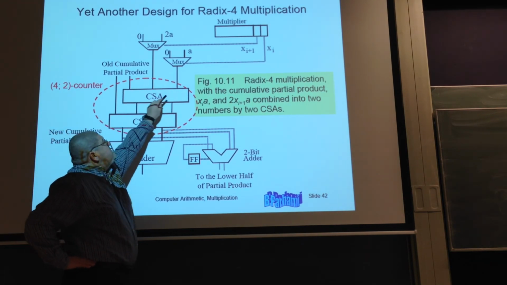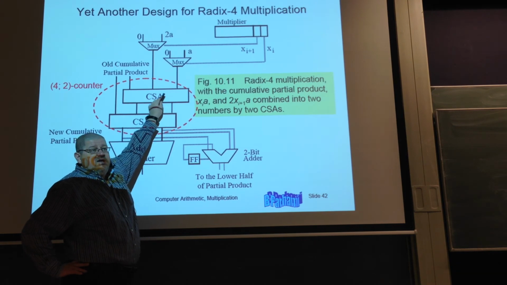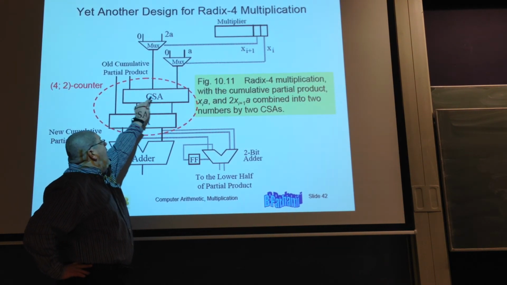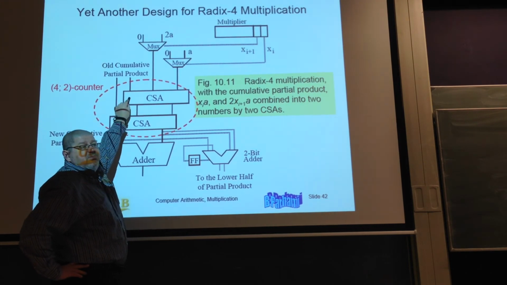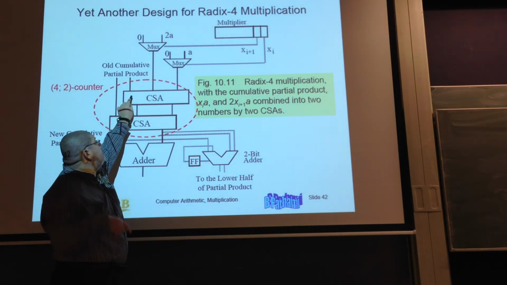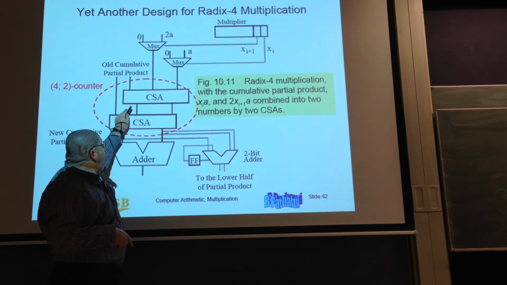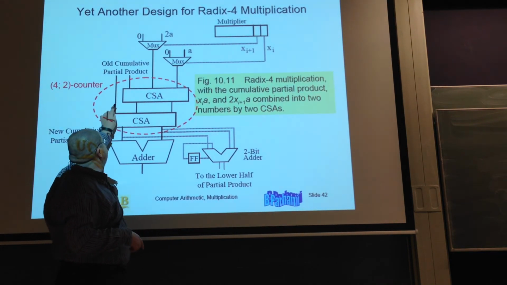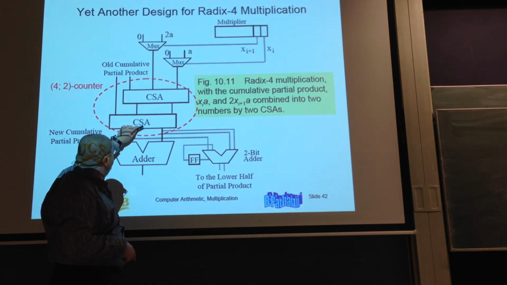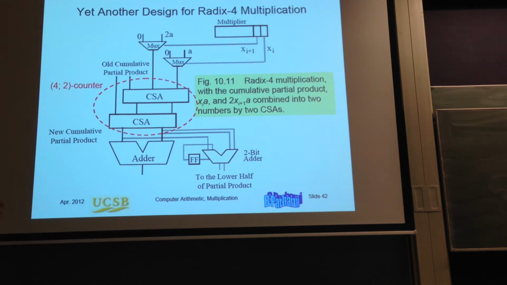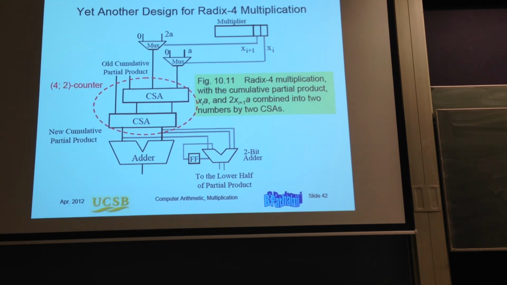What you see is that I have this guy, which is combining those 2. Then in here I can get 0, A, 2A, 3A. I have one of the values from the partial product, the previous accumulation, also taking part in here. And the result plus the other one will take part in a final compression. Then I have what is called a 4 to 2 counter, a 4 to 2 compressor.